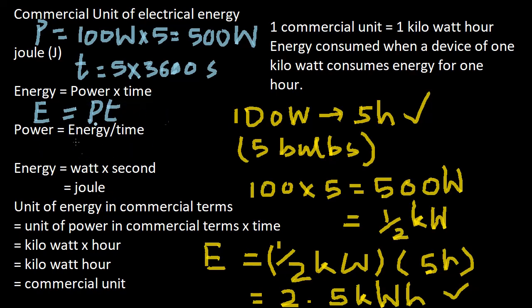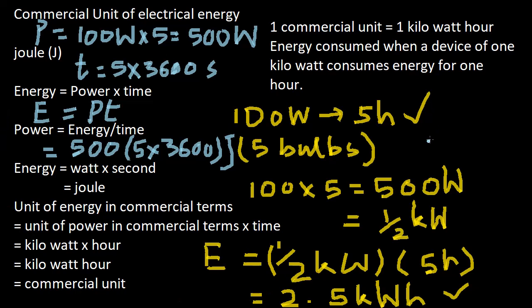Energy will always be calculated as power times time, and that is equal to power, 500 watt, and time, 5 times 3600 seconds, and we have to do a multiplication, which I leave to you as an exercise. Having calculated this, we shall get the electrical energy spent in SI units, that is joule.